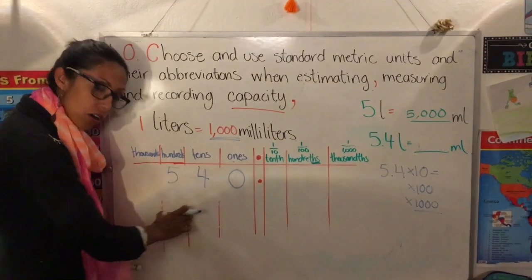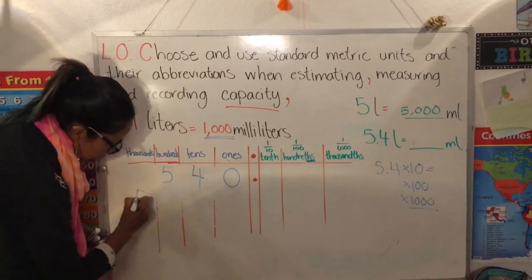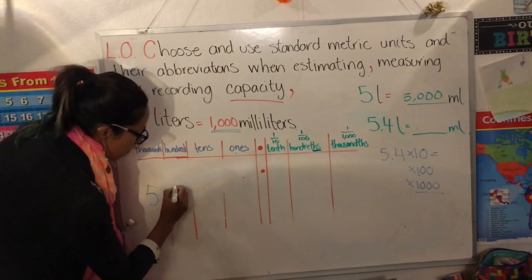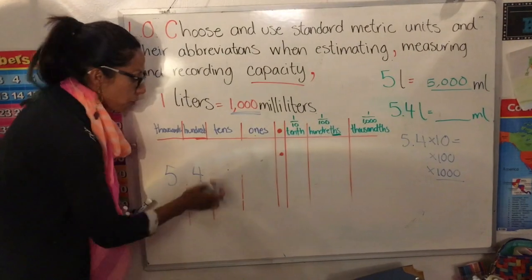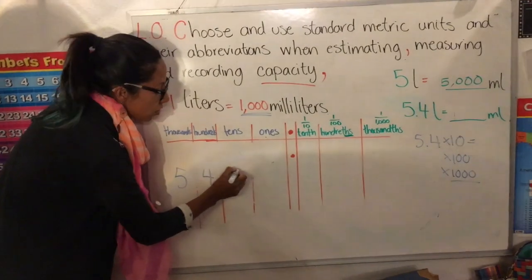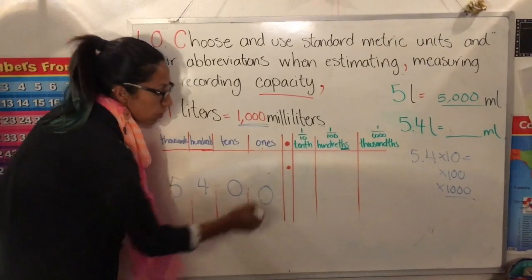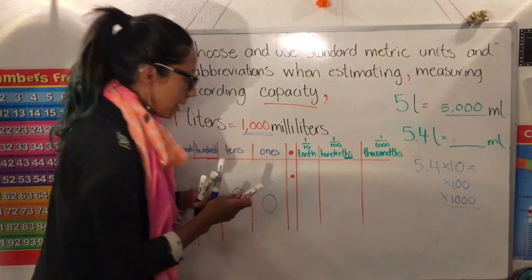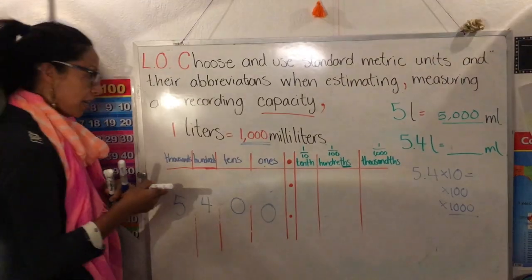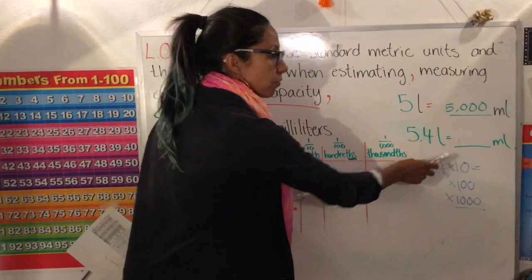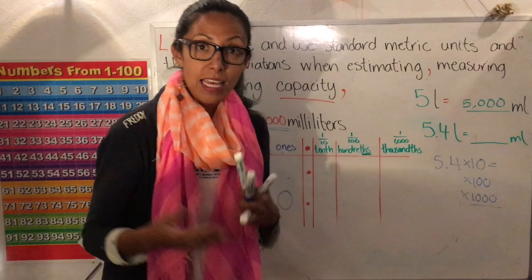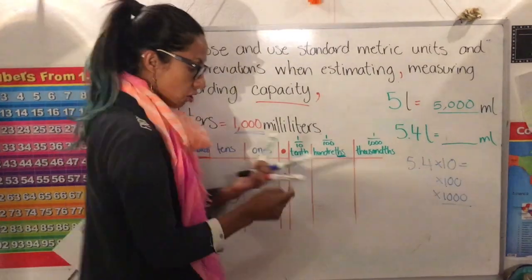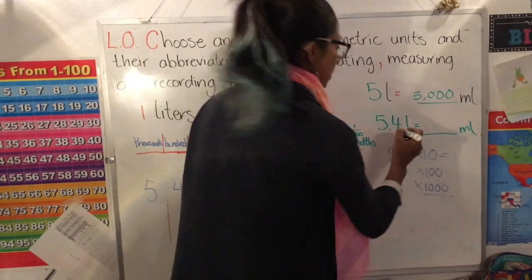Again, we move the whole number one space because it becomes bigger. And then we have nothing under the tens, so 0, 0. The decimal point remains in the same place. So 5.4 liters is 5,400 milliliters.